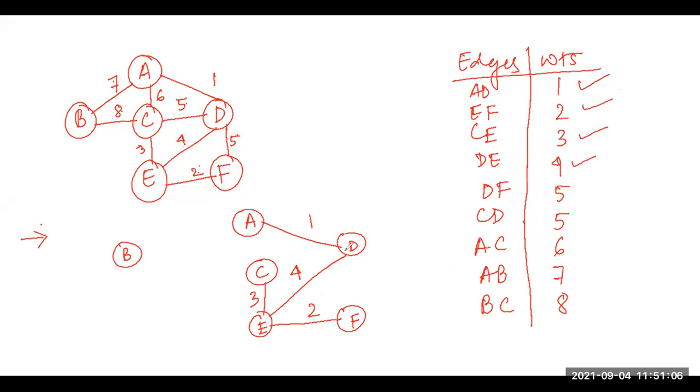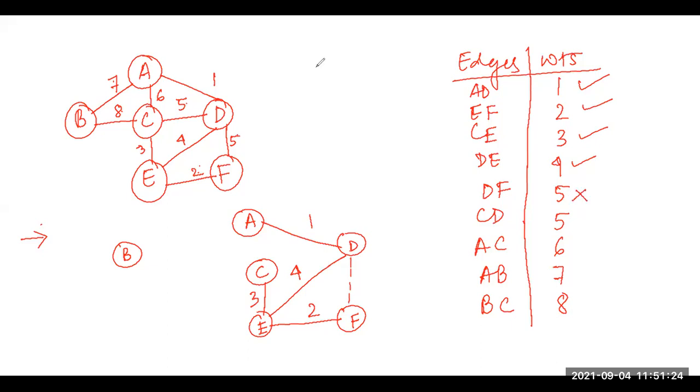Now, I will not include DF because even if it is 5, it will lead me to a cycle. If I include this edge, it will give me a cycle, right? So I won't be including this edge.